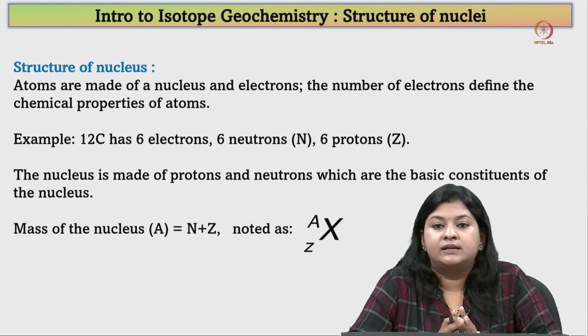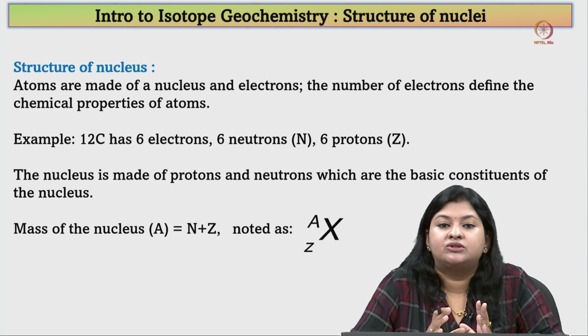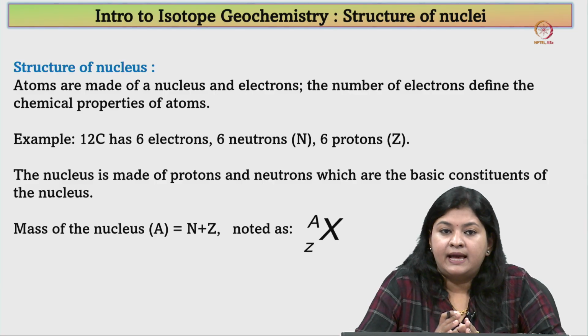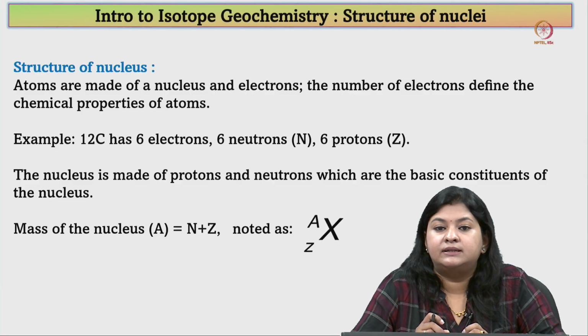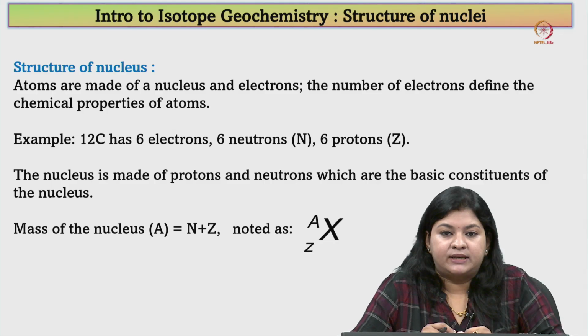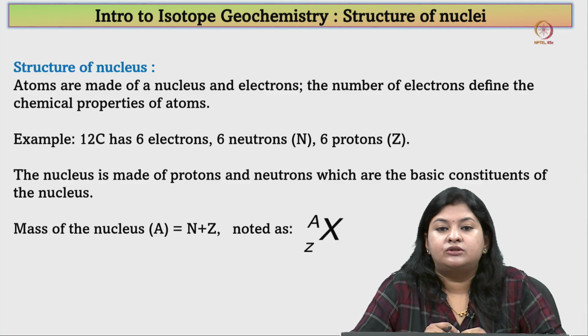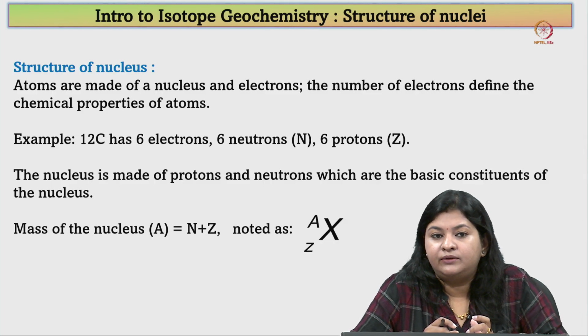Now, let us see the stability and the structure of the nuclei, and thereafter we can understand why certain isotopes get formed. So, what do we have inside a nucleus?